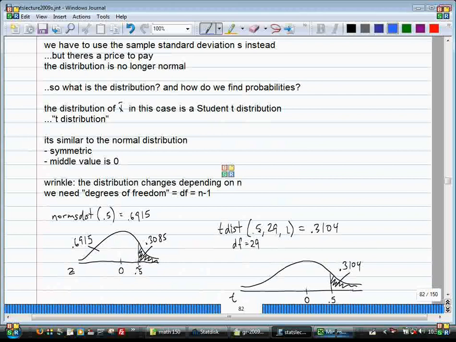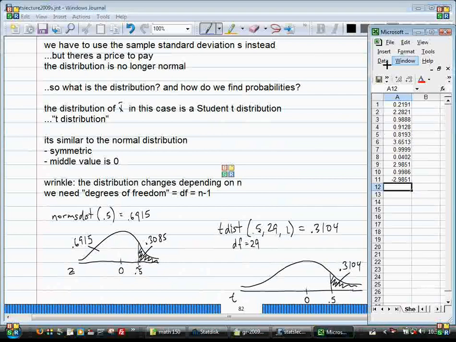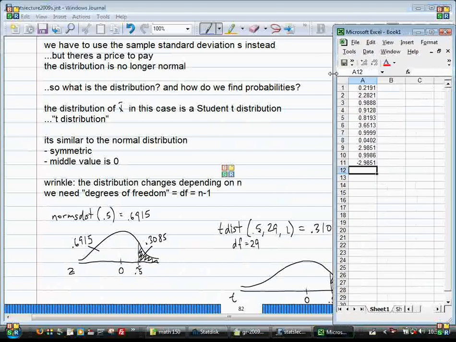So let's say we have a value of 0.5. Well, what's the command if we have the normal distribution? It's norm dist or norm s dist. So what's the command for a T distribution? No norm. T dist.